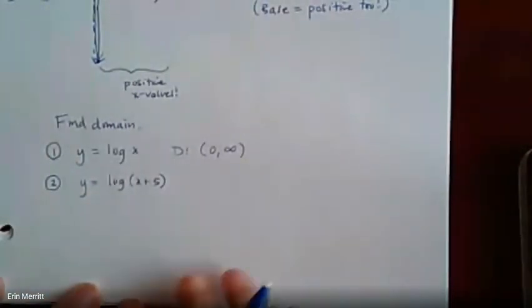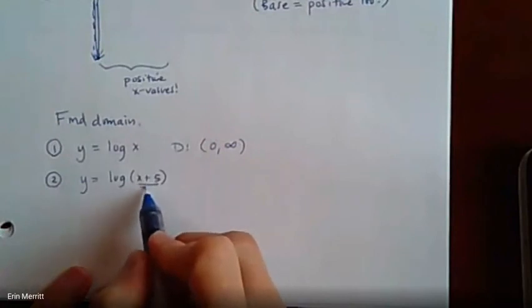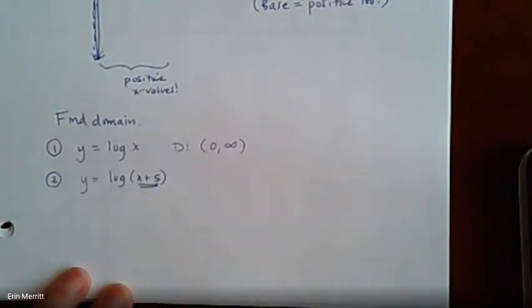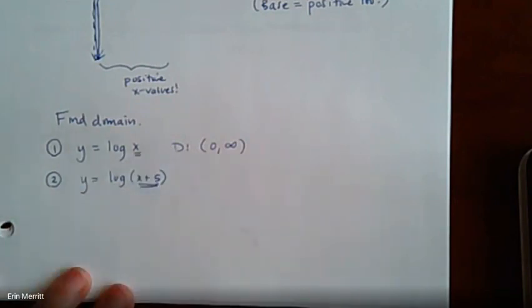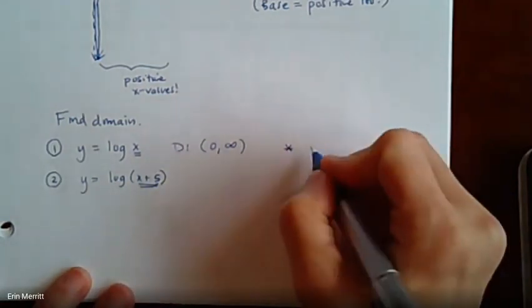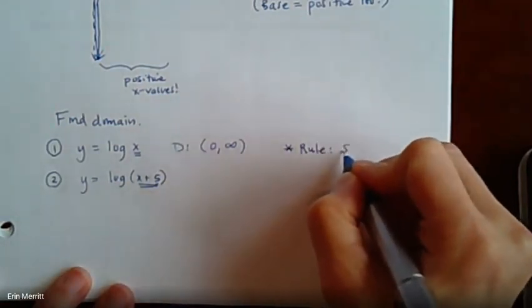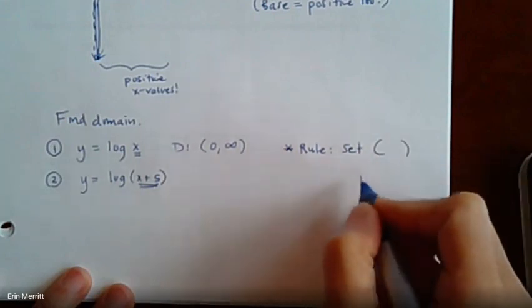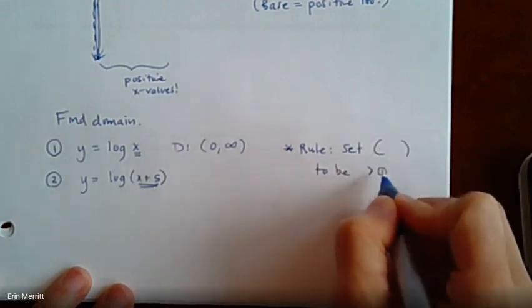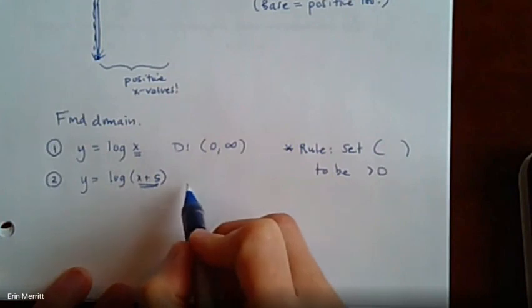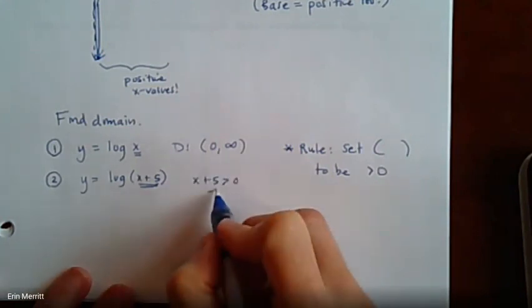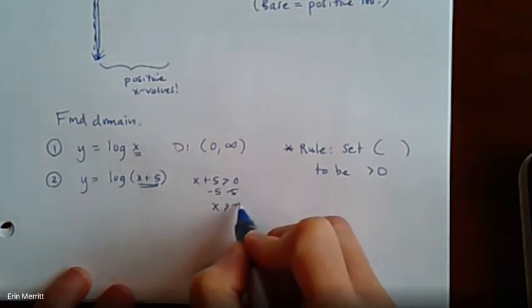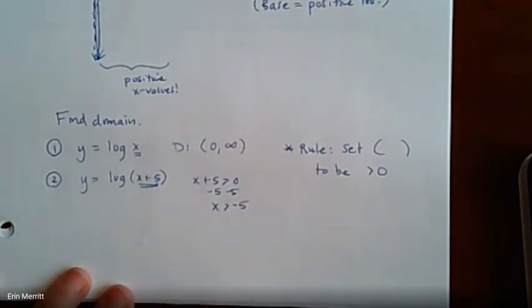Well, what I want to think of in that case is this expression has to be positive numbers. And when we say it has to be positive numbers, what we're really saying is that this thing needs to be greater than 0. So you're going to set the inside part to be greater than 0. So in this case, take the x plus 5, set it to be greater than 0, subtract 5 over. There's your domain right there.